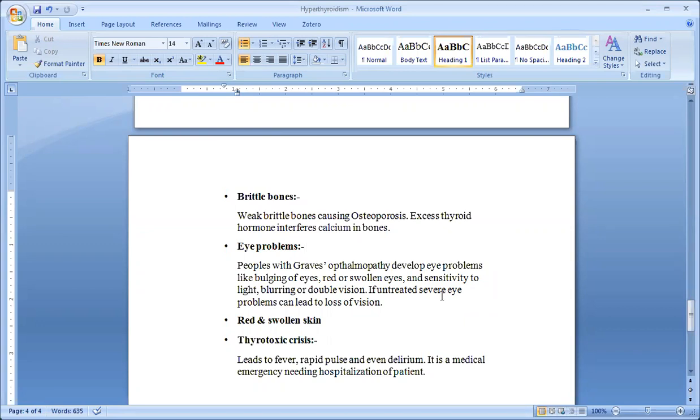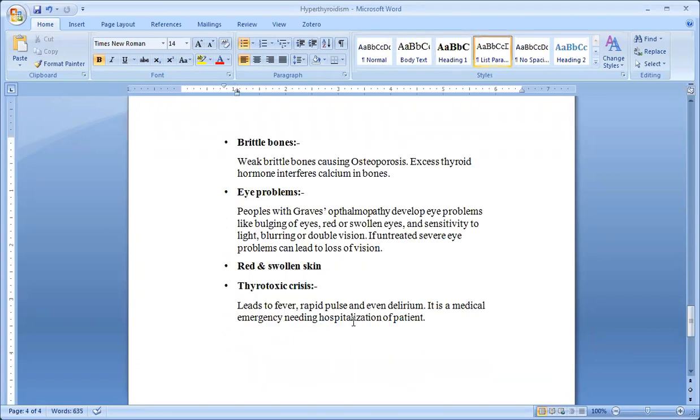If we do not treat properly, then what happens? Loss of vision. Are you getting it? Red and swollen skin is also there. Skin will become red and swollen.